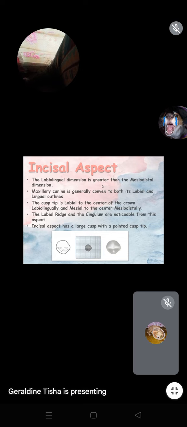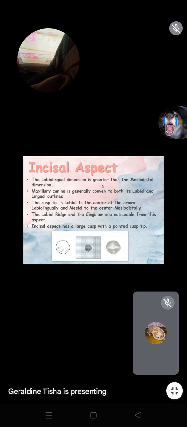Show me your carving, which is wider. Anyone? Mesiodistal or labiolingual for incisors? Mesiodistal, right?